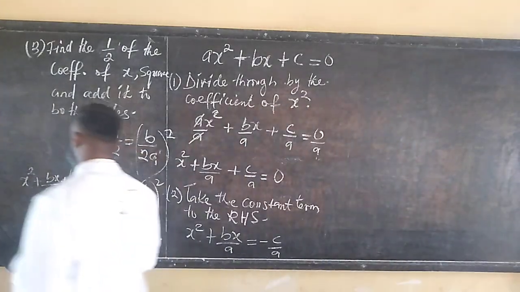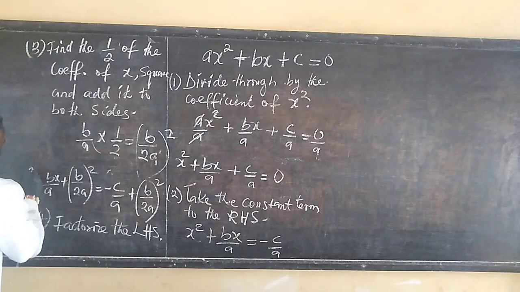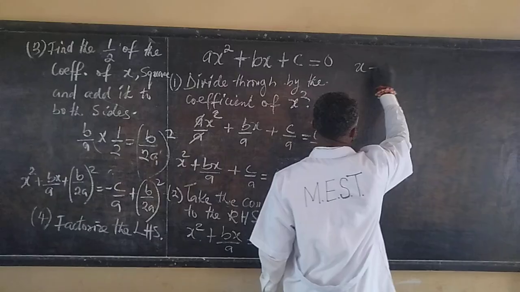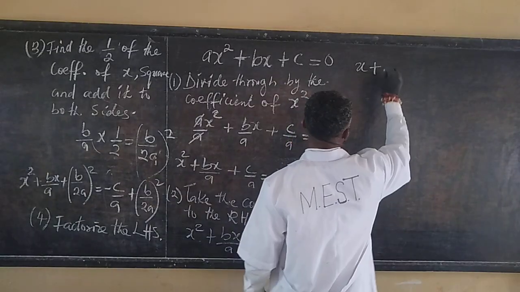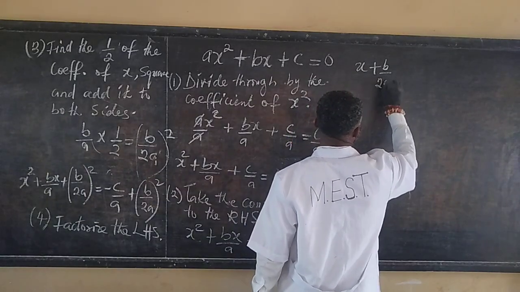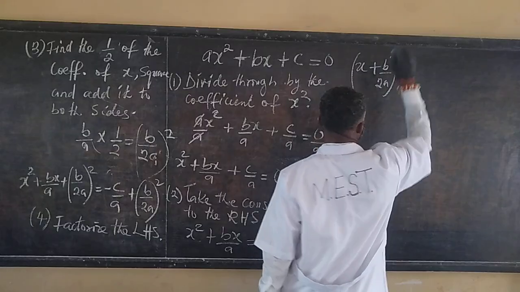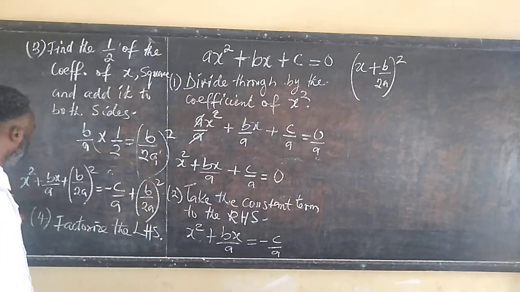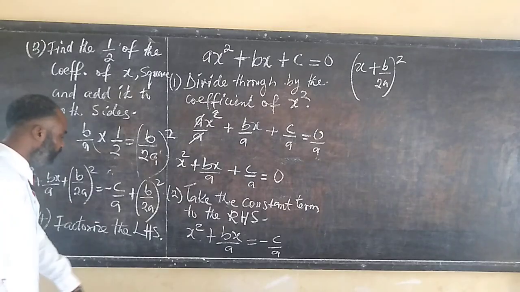Look at the left hand side. It has to do with x squared. So we factorize this and it becomes x plus b all over 2a, bracket close and squared.